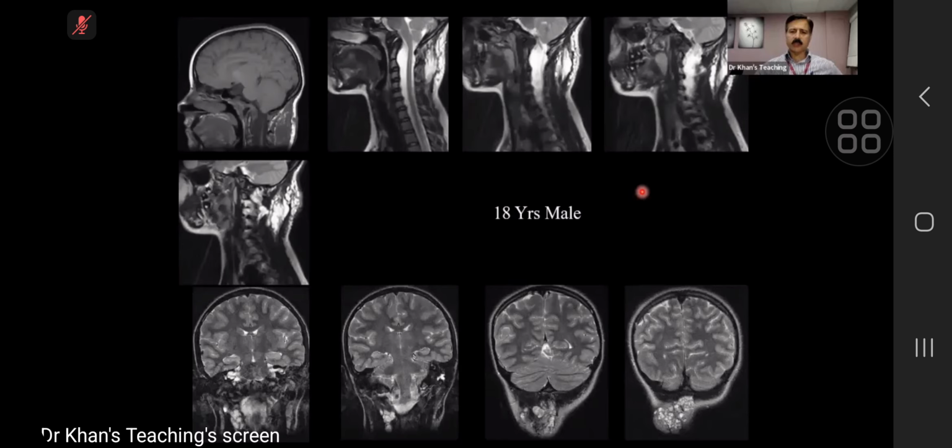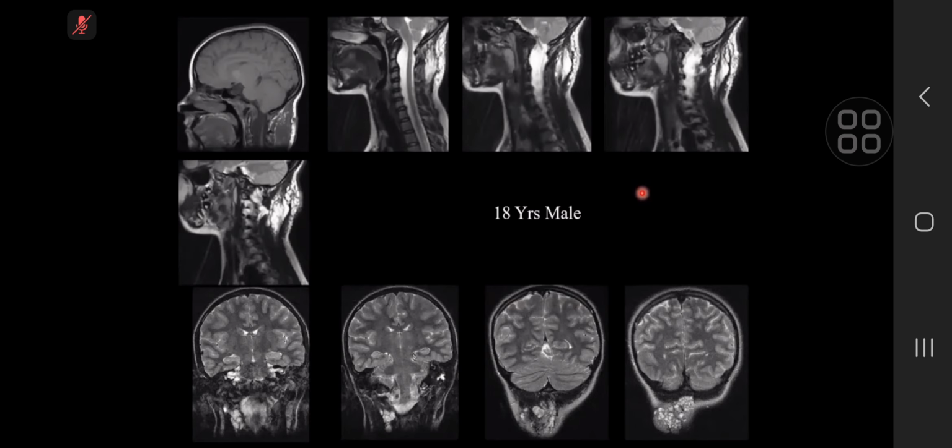What is happening here? So I've got sagittal T2s. There's widening of the cervical canal and dural ectasia. Okay.